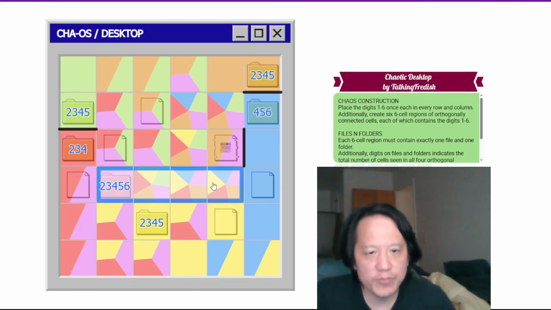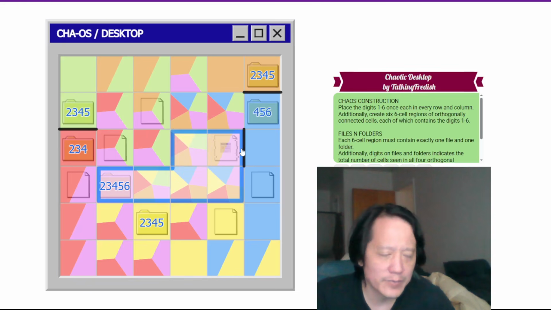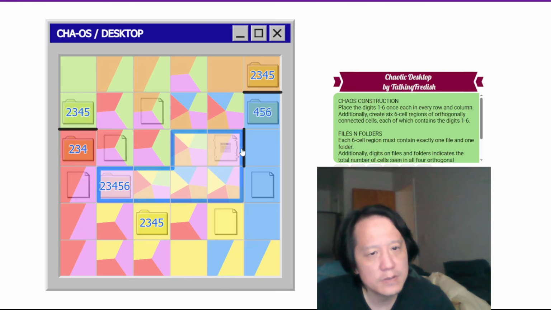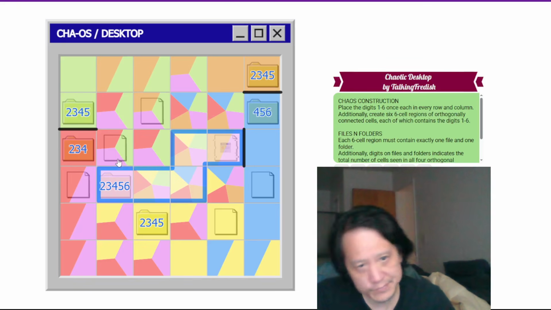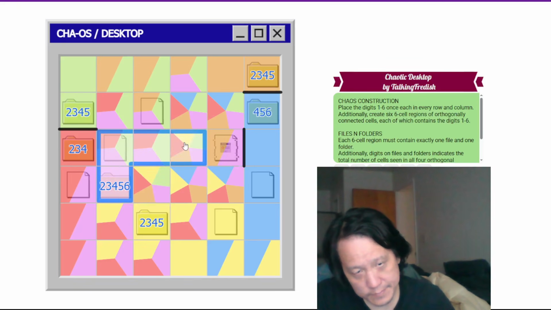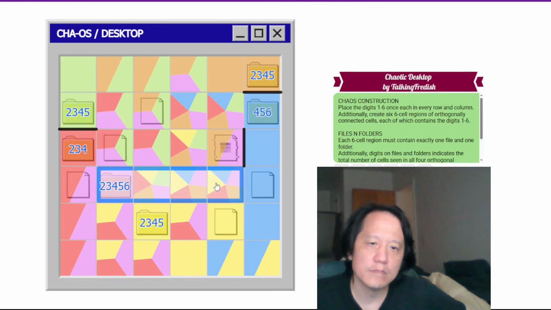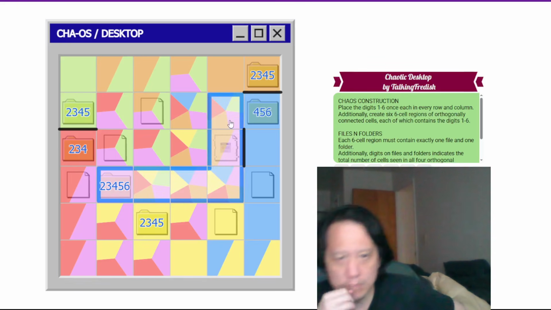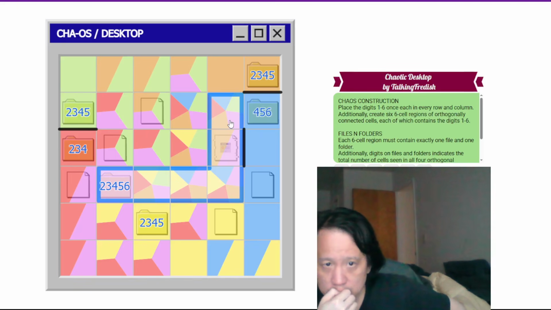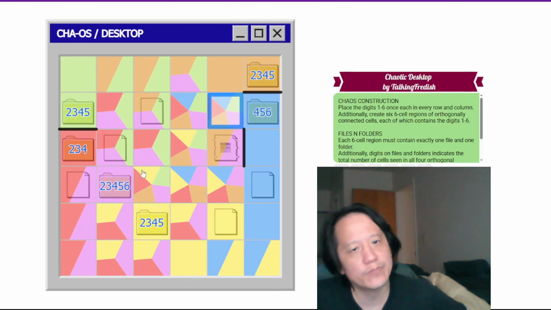Can we have pink go here? I mean, we could. Can we get pink here?